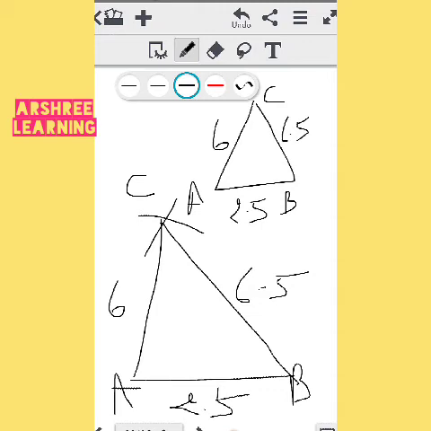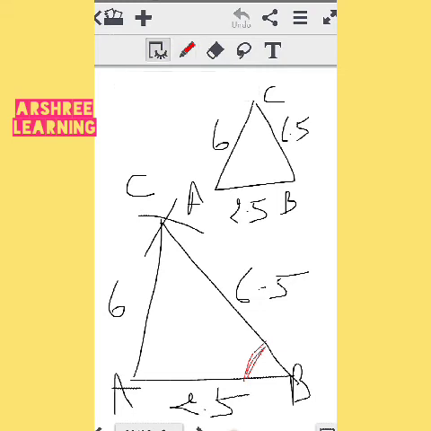So triangle ABC will be made. This is how you will do the construction. After that it is written, measure angle B. Using your protractor you will measure angle B is equal to how much, and write the answer.